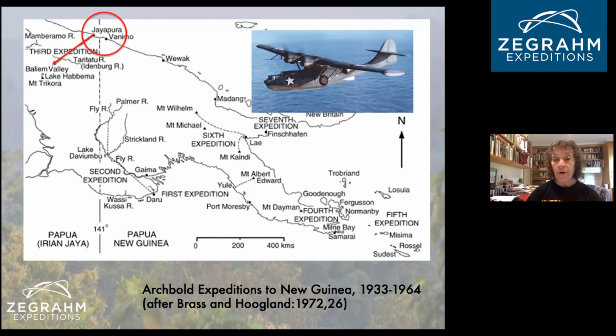On June 23rd, 1938, they flew over a large valley, and looking down on it, they could see vast populations. They named it Groot Valley, or Grand Valley. However, the people that were living there call it the Balim Valley.